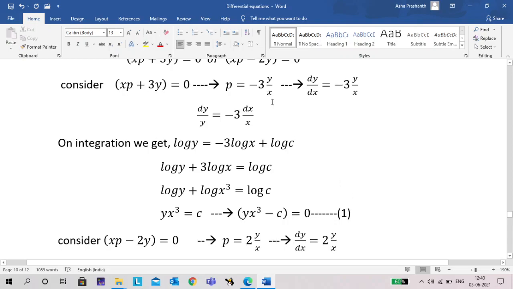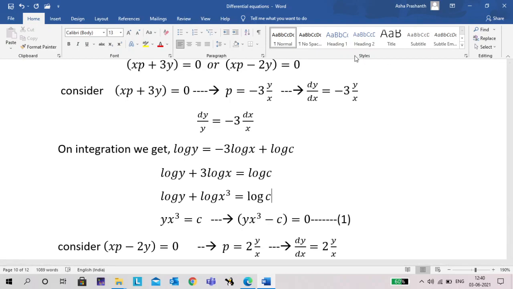Next I am going to consider the second factor. This is the second factor, xp minus 2y. So next I am going to consider xp minus 2y is equal to 0. By separating this, we can write p is equal to 2y by x. This is also the same method, the variable separable form.